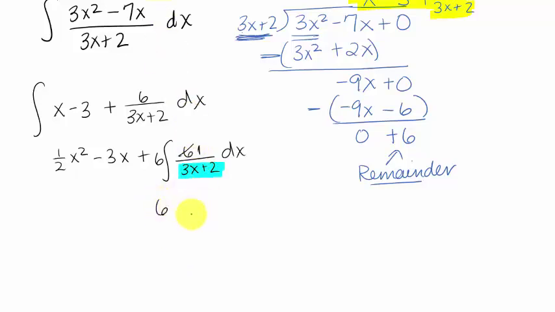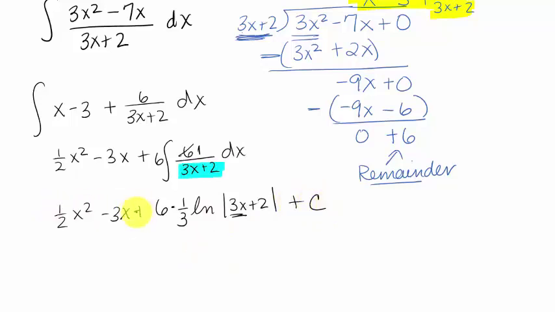So I have 6 times the natural log of the absolute value of 3x plus 2, but since I have this 3 in there, I need to multiply by 1/3, because if I take the derivative, I'm going to get that chain rule happening, which would be a times 3, so I need to multiply by a 1/3 to eliminate that result. And then don't forget your plus c.